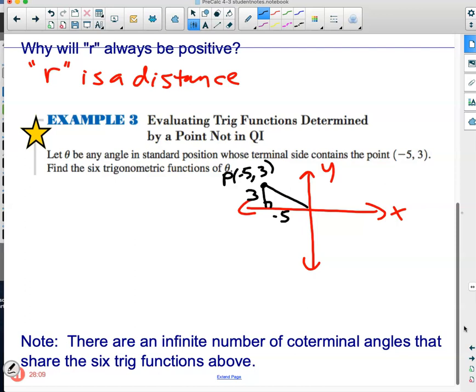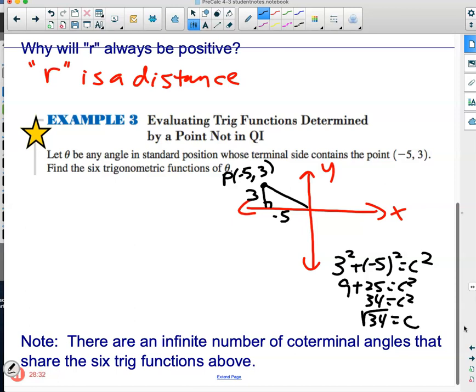Well, it's the Pythagorean theorem again, and in fact, whether or not it's going to be a negative 5 or a positive 5, we're going to get the exact same answer. But just so that I'm showing work, for those that aren't necessarily watching right now, we get our square root of 34 again.